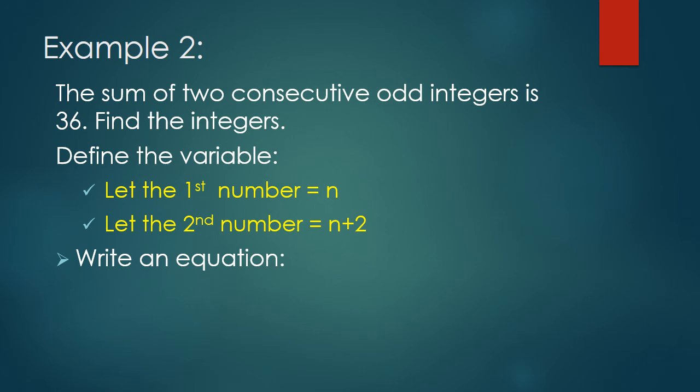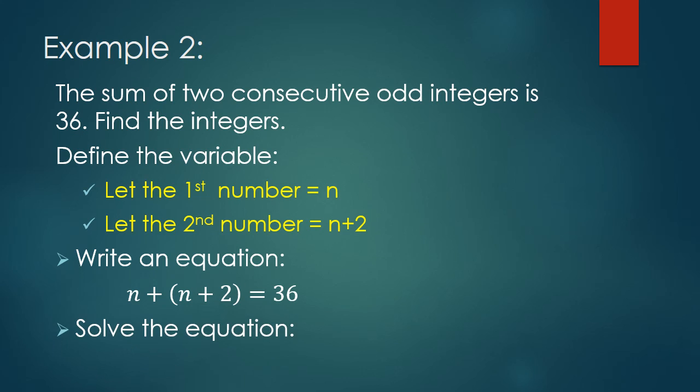When I talk about the sum of these two numbers, that means I need to add n and n plus 2 together, and the answer is supposed to be 36. So the only thing I need to do now is to solve the equation. This is what I'm going to start with: n plus n plus 2 equals 36.